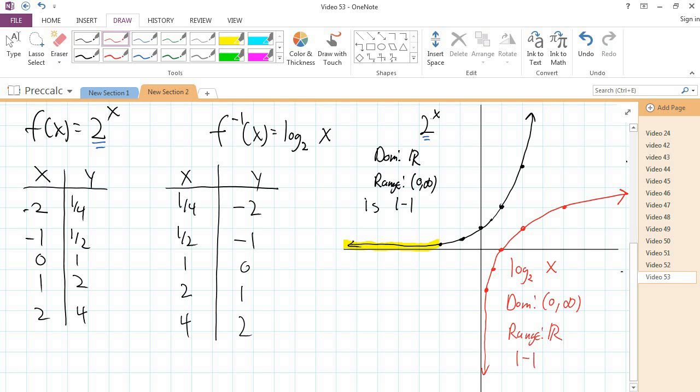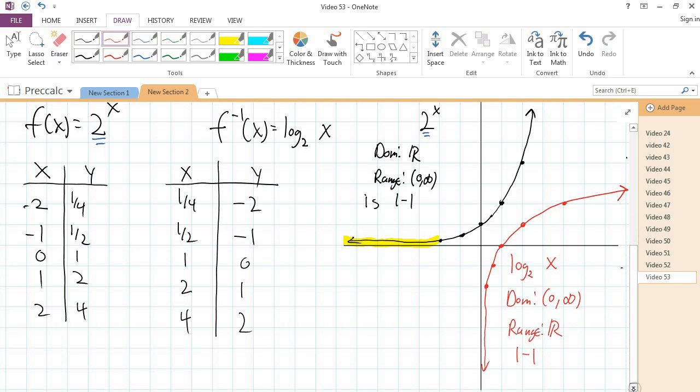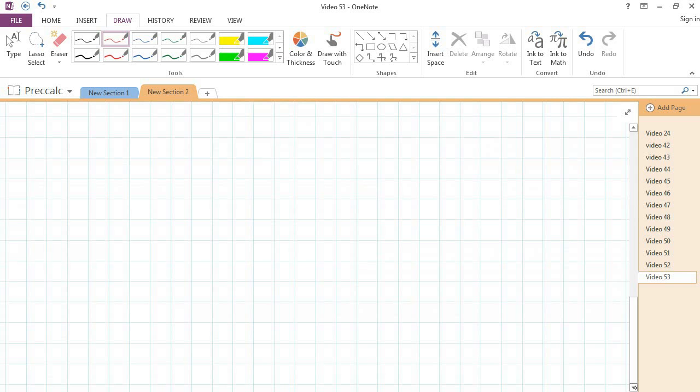Okay, so this is where logarithms come from. A logarithm is the inverse of an exponential. It's what undoes an exponential, and that relationship means that we can convert any exponential to or from a logarithm.